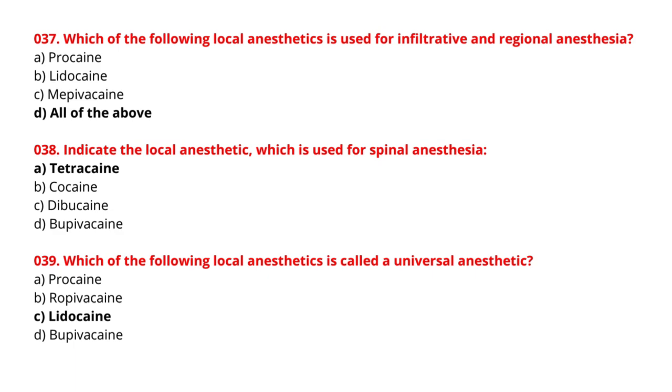B. Cocaine. C. Dibucaine. D. Bupivacaine. Answer is A. 039. Which of the following local anesthetics is called a universal anesthetic? A. Procaine. B. Ropivacaine. C. Lidocaine. D. Bupivacaine. Answer is C.